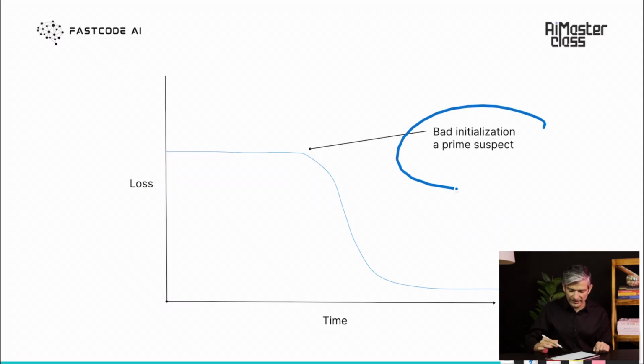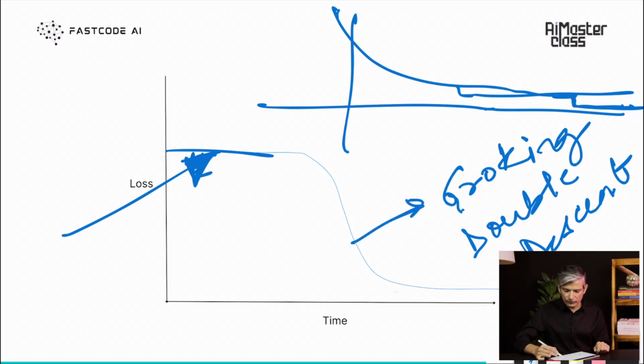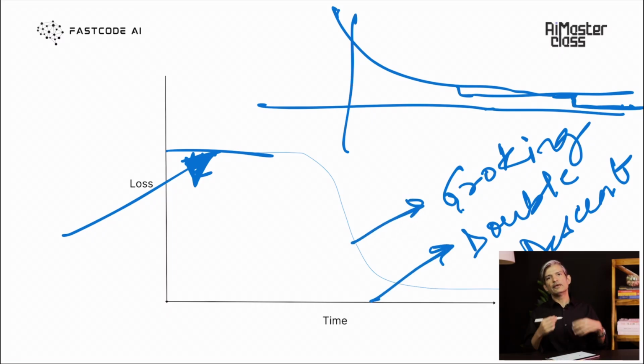So bad initialization could be a suspect. But these two things that I have mentioned, we'll talk about in small talk. Maybe we'll touch upon it a little bit in one of our live sessions, or talk about this with your TA. But these are interesting phenomena because of which your loss curve can look like this one.